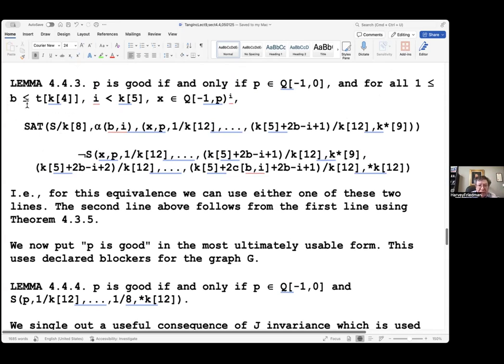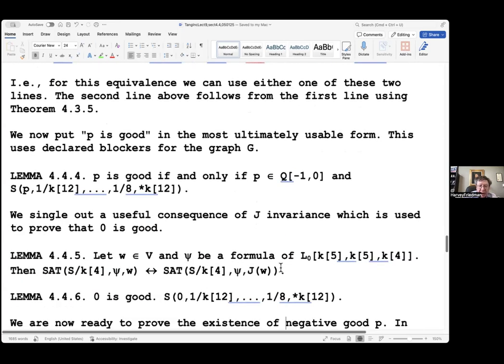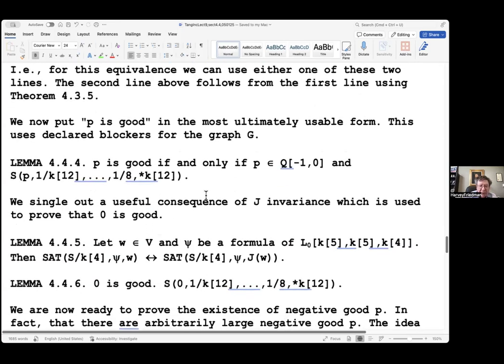This is not a single one, because it says for all B. So there's T of K of 4, that's a big number, T of K of 4, the number of formulas in that language. That's how many of these things there are, and you want to put it into one. And that you can do by making sure that the graph behaves properly, that the graph is set up right.